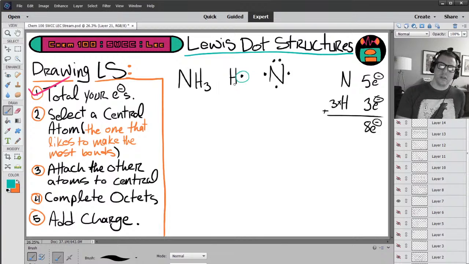Hydrogen has 1 unpaired electron. That means that hydrogen likes to make 1 bond. Nitrogen has 3 unpaired electrons.